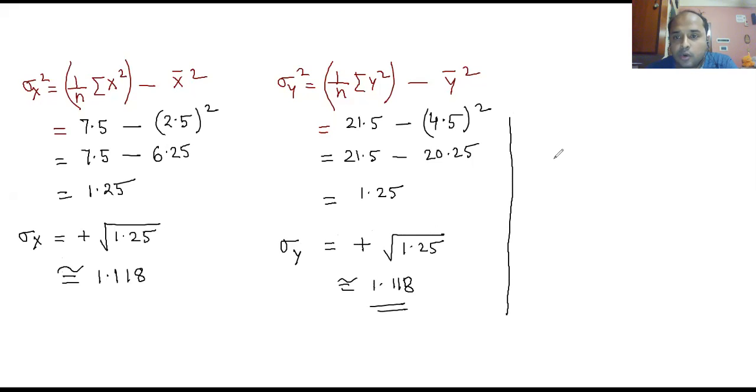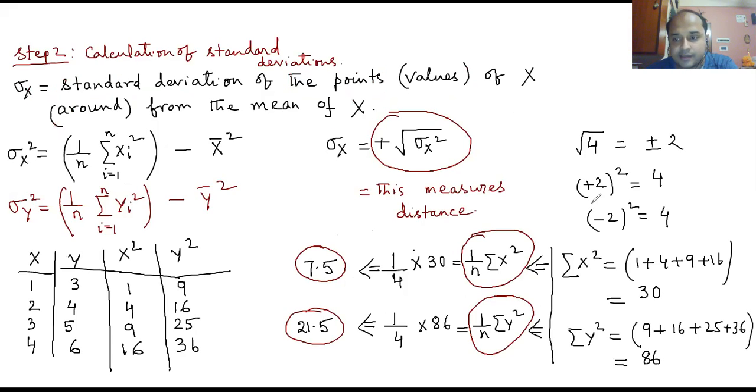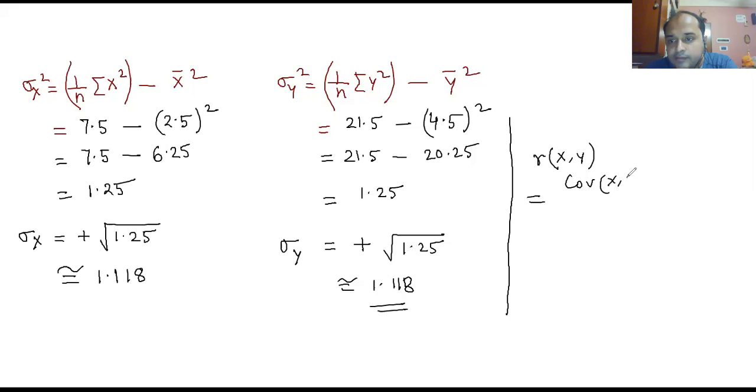So the correlation coefficient Rxy can be written as covariance xy by sigma x into sigma y. My covariance xy was 1.25, and my sigma x was 1.118, into 1.118.